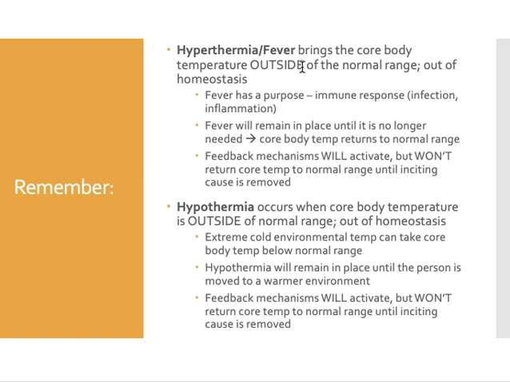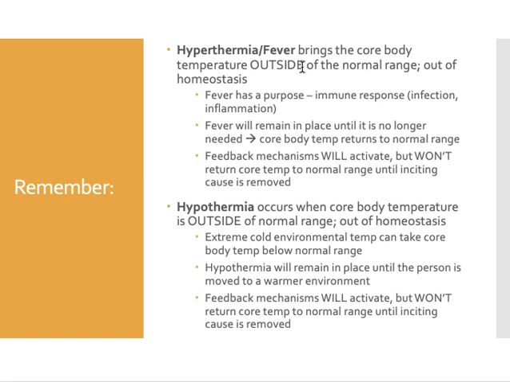Fever is part of our immune response to things like infections and inflammation. Fever has a purpose, and it will remain in place until it's no longer needed, essentially, until the immune system stops triggering the fever. At that point, core body temperature will return to the normal range.